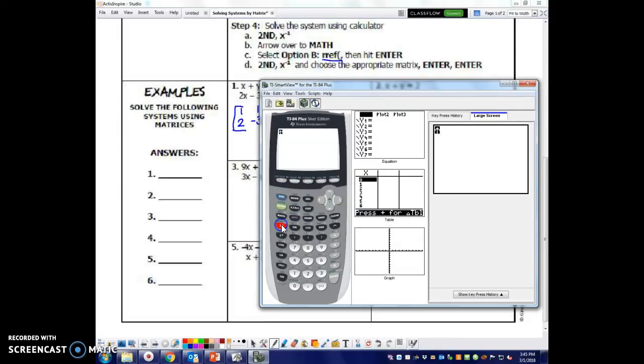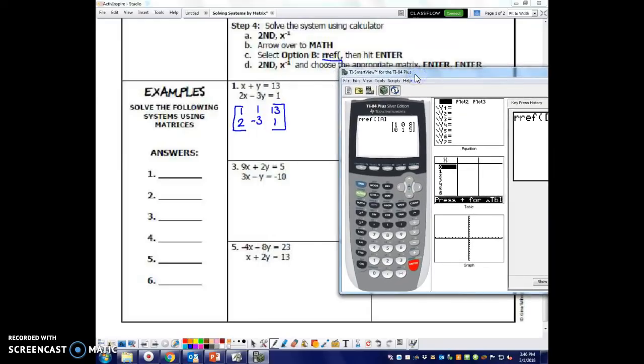So second matrix. Over to math. And we want to find RREF. There it is. Not REF, RREF. Hit enter. Go back into matrix again. And A is what we put our stuff into, so you hit A. Enter.